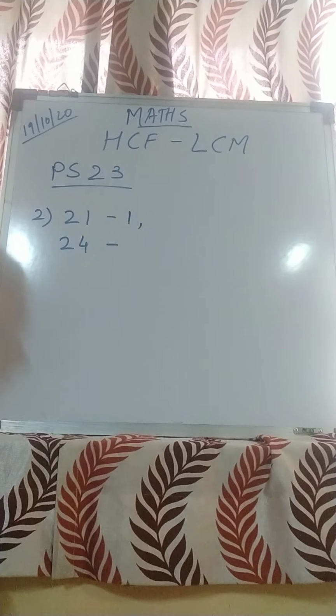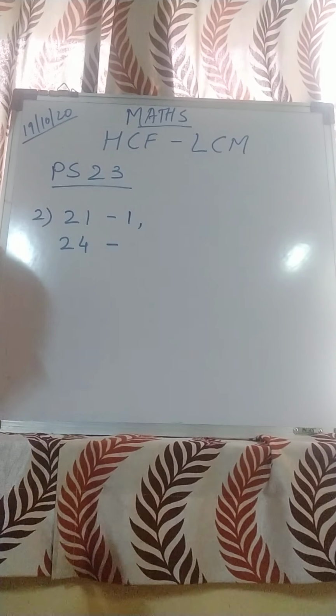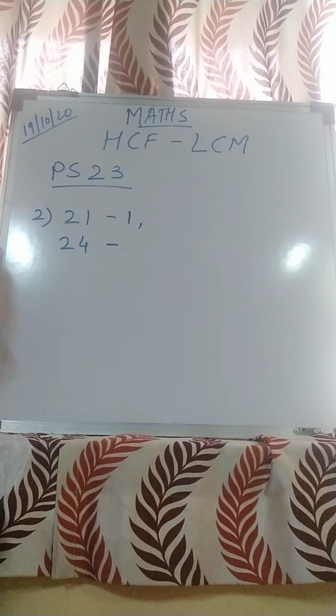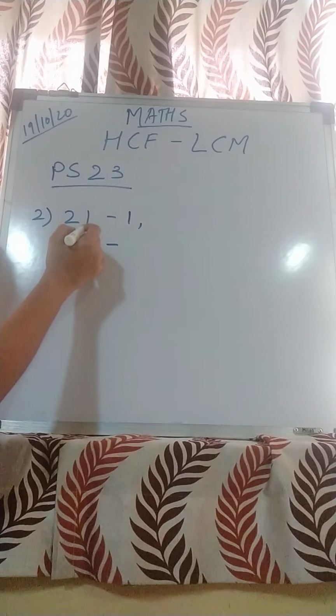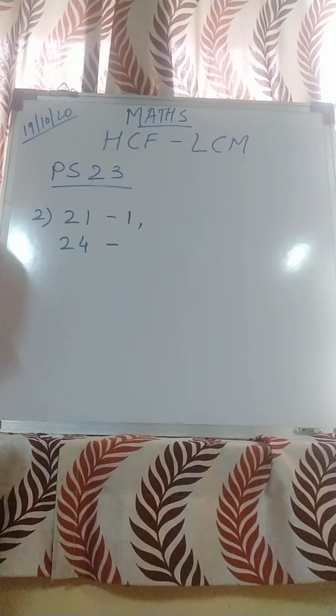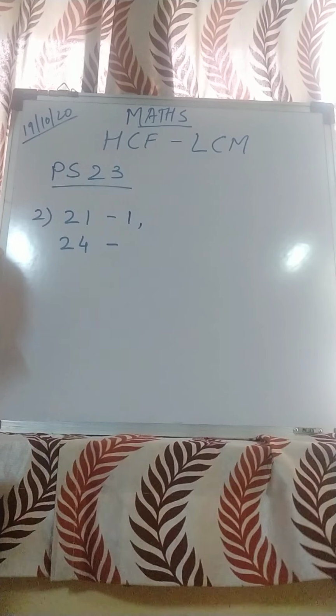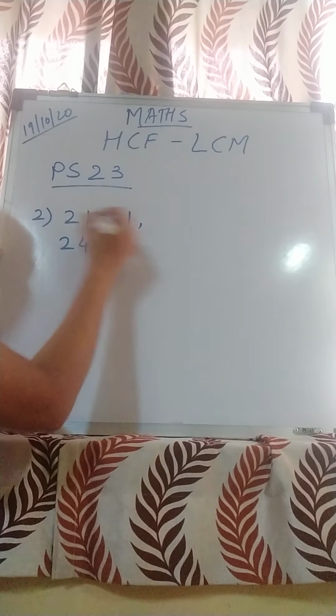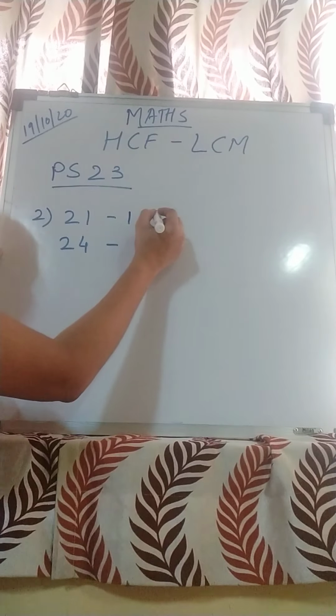After 1, the next number is 2. Can 21 divide by 2? No, because 1 is on the unit place. Now 3: 2 plus 1 is 3, so 3 can divide 21.